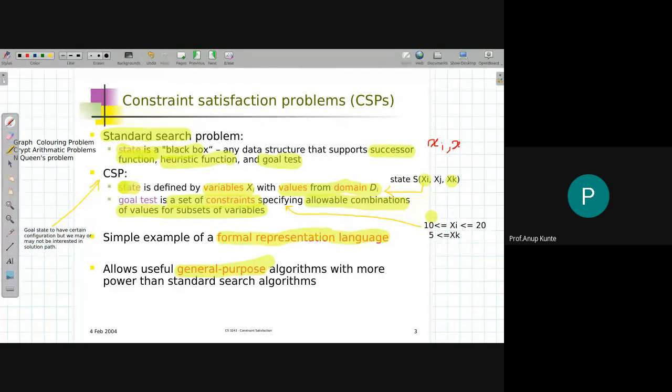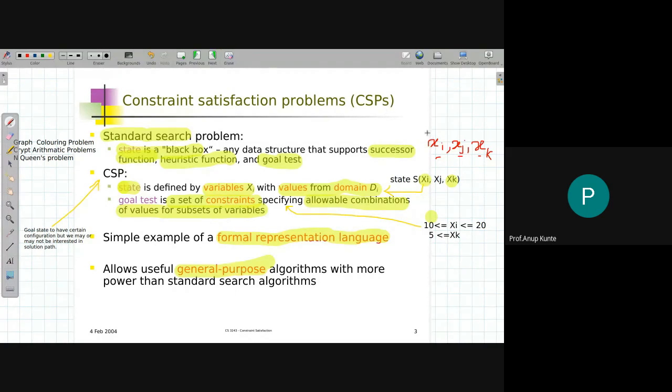For variable xj, I could use different letters as well, no issues, but it is better we use the x only, and then there is xk. So these are instance values. If I instantiate these variables from their respective domains, there will be di, dj, dk, three different domains from which I'll choose a value.